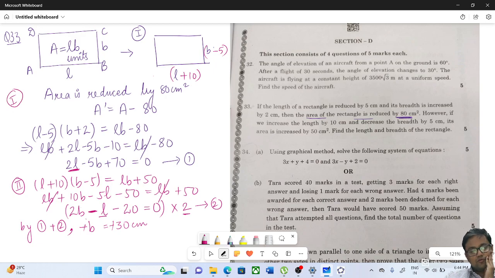So, B comes out to be 30 centimeters. If B is 30, then let us see what is L, the second variable. So, I will be putting the value of B here only. So, 60 minus L minus 20 is 0, that is 40, and L is 40.